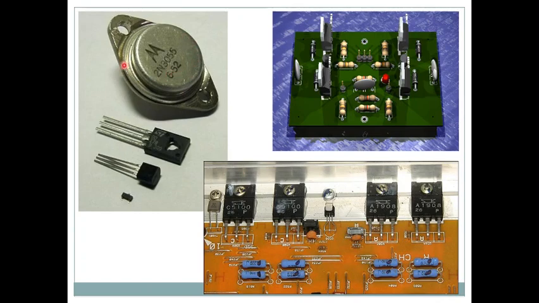So the casing itself is metal to allow more and more heat transfer outwards from the transistor, and the design is there to fasten it to a heat sink. So you have these two keyholes, right? Underneath you will have two pins, two of the three terminals, and the casing is the other terminal.